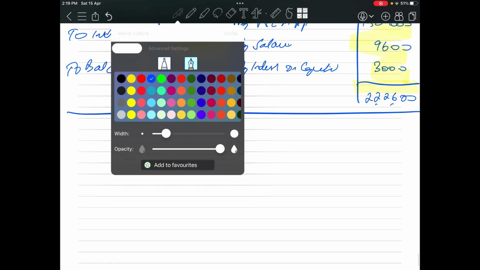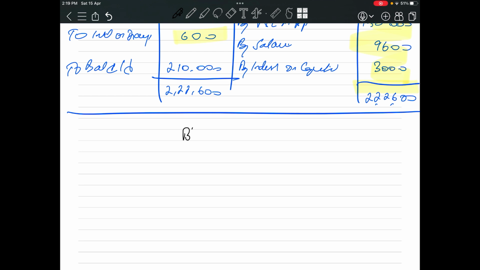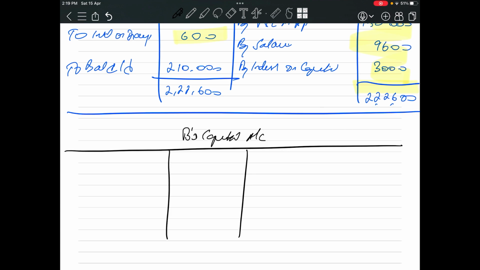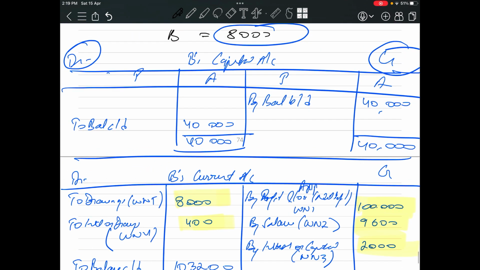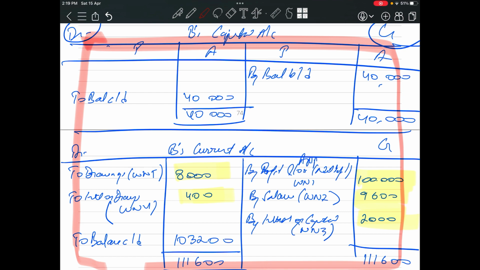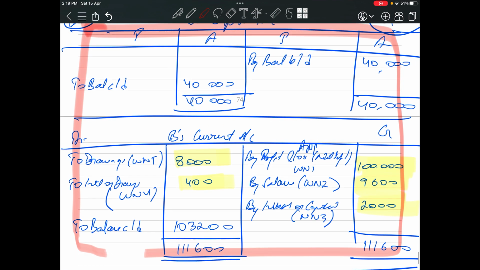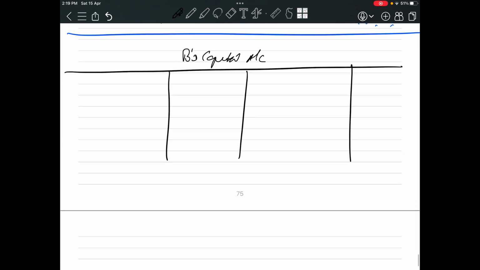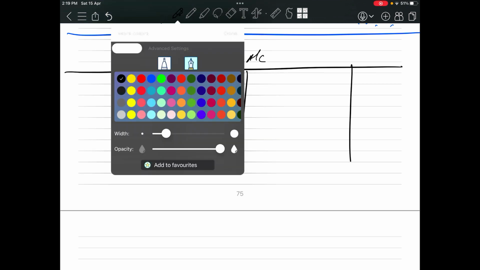Now we'll prepare B's capital account. Again, we'll have to make one account. All the items of both the accounts will go to one account only. So let's start.